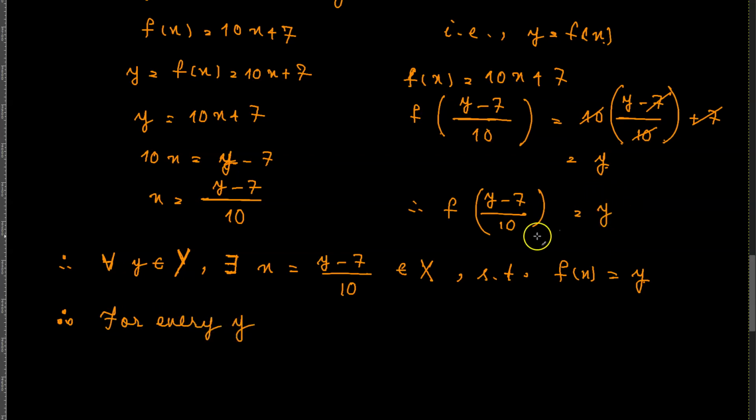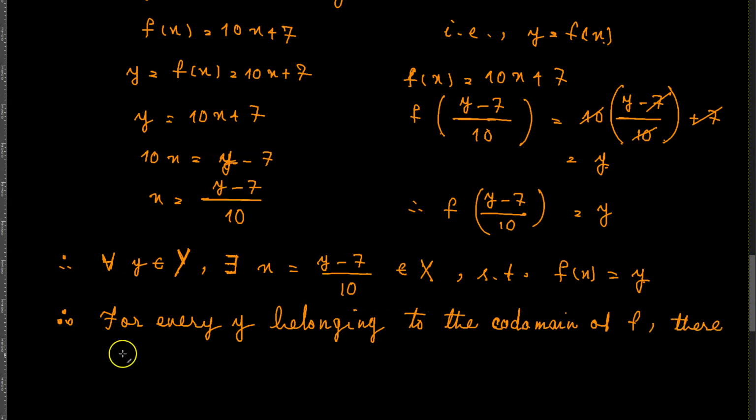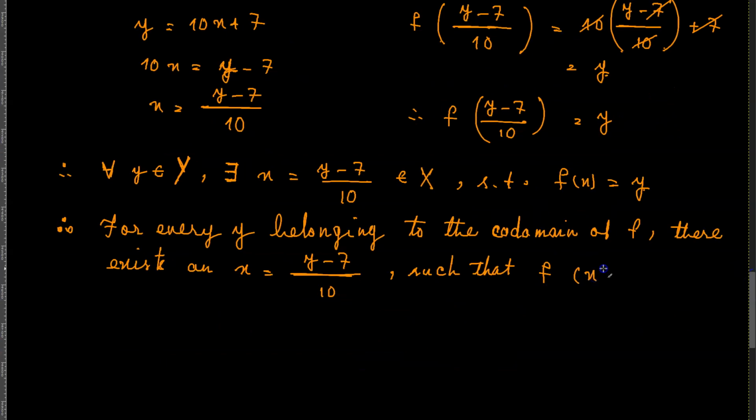What this means is that for every y belonging to the codomain of f, there exists an x which is equal to y minus 7 divided by 10, that is, there exists an x such that f of x is equal to y.